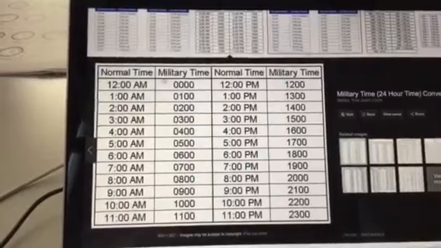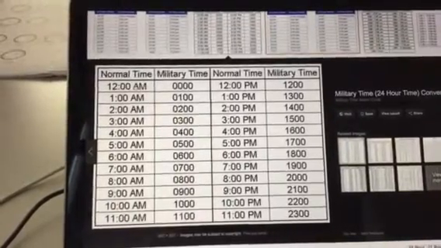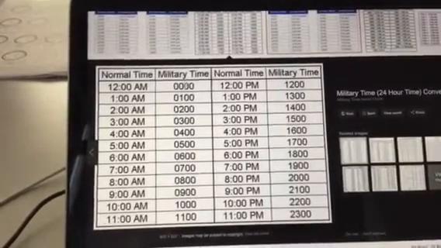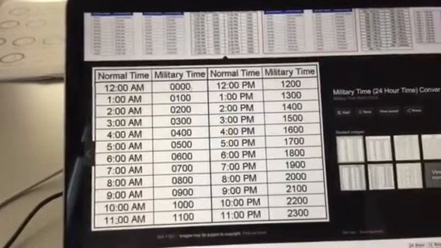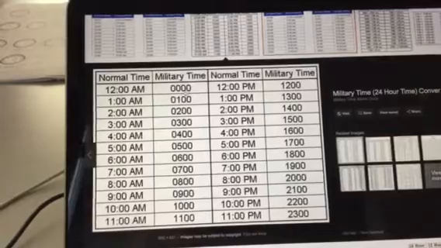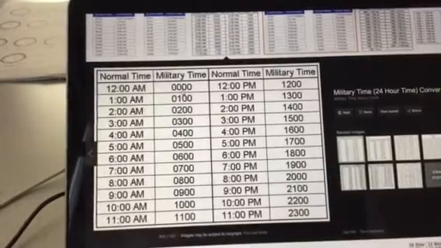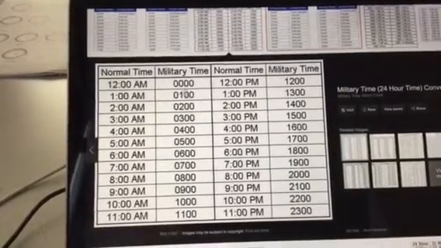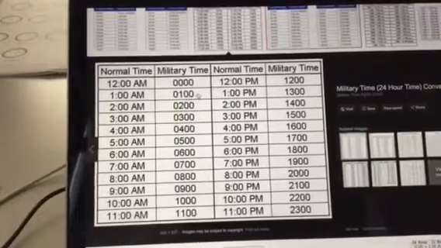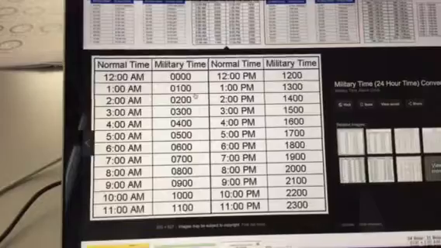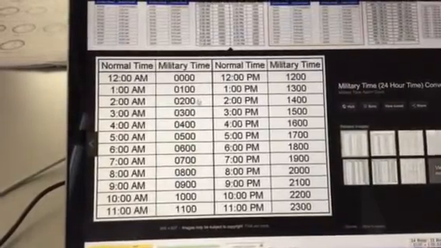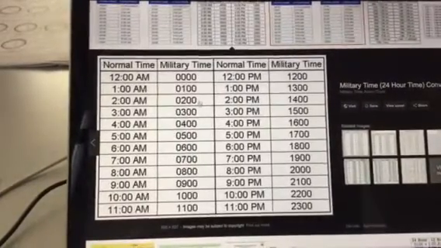Okay, so in the middle of the night, in military time, is 0 o'clock. Then, 24-hour time in the morning, watch my mouse, actually follows normal time.